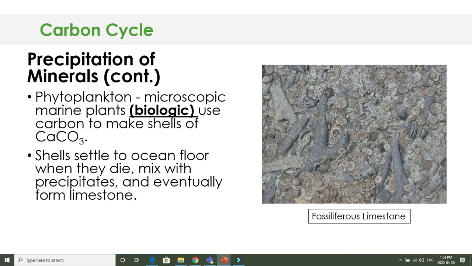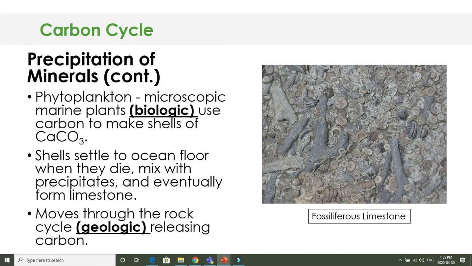The shells then go to the ocean floor when those little marine plants die, and eventually they mix with precipitates, the other minerals basically, and form this rock we call limestone. Limestone usually has a ton of little fossils in it, so it's full of little shells basically. And this moves through the rock cycle because limestone eventually will get broken down, and part of that is soil formation, which we saw when we talked about the lithosphere. So that also releases carbon.